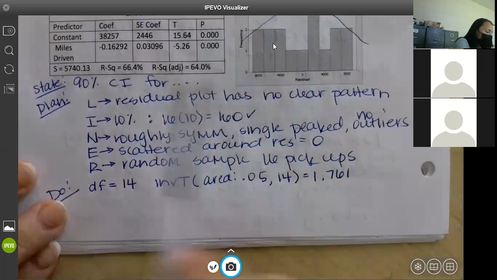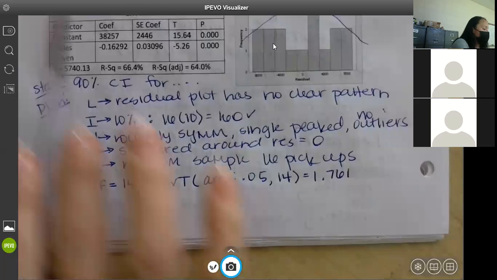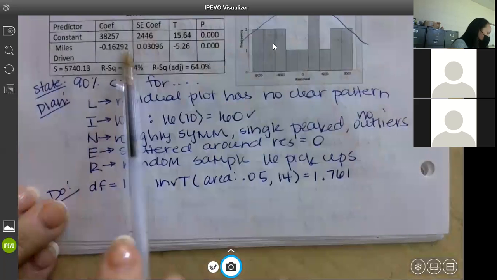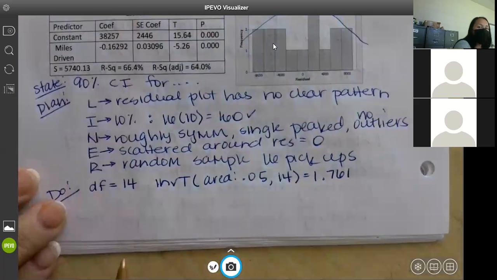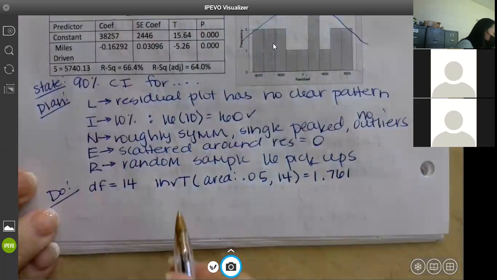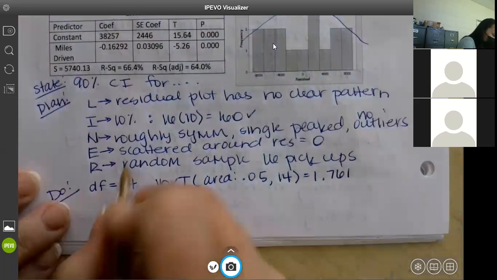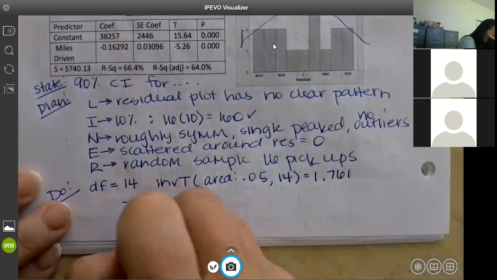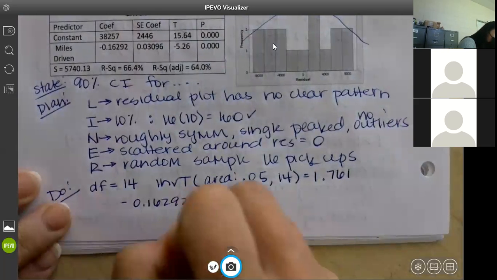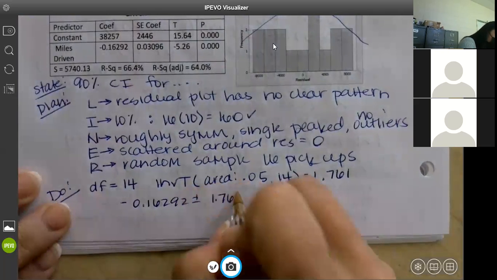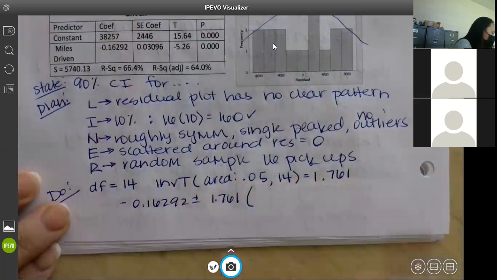We have our Minitab output, so we don't have to do any work. We don't have to put these in because we have it right here. What's your first number going to be? Plus or minus 1.761 times.